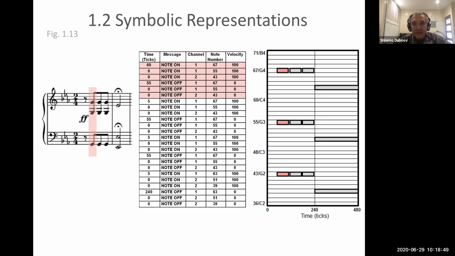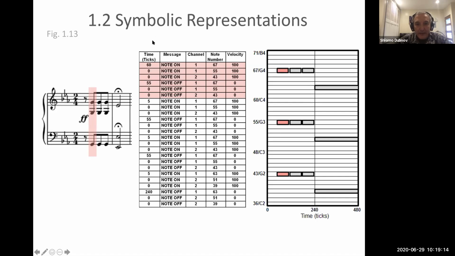So these three notes, I hope you can see the mouse, maybe I'll connect a tablet to leave a trace. These three notes are played at some time here, tick 60. Why doesn't it start at 0? Because we had some rest, some silence here.